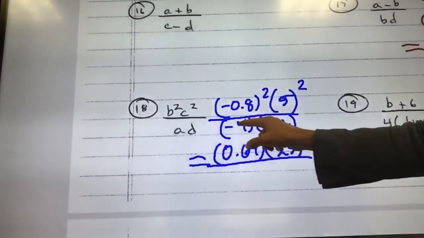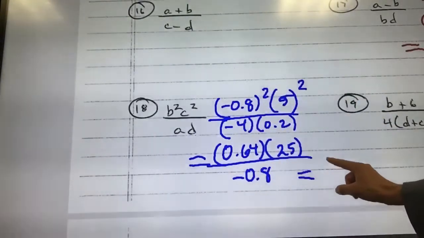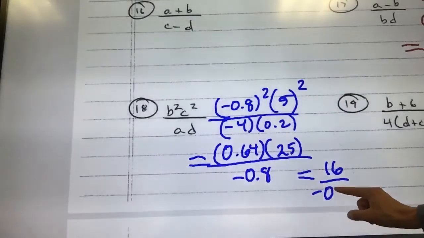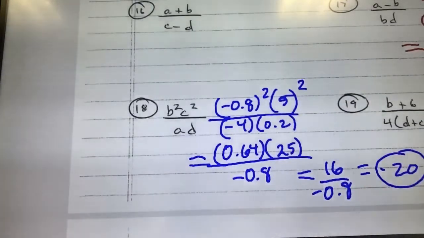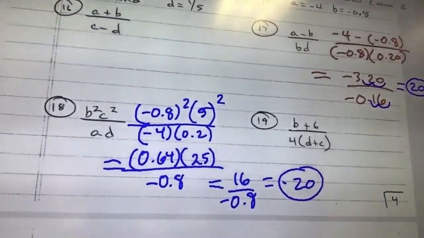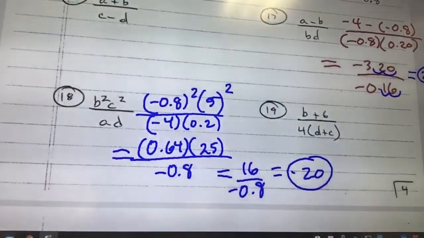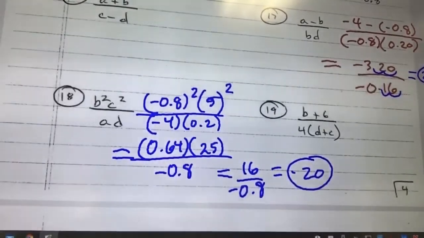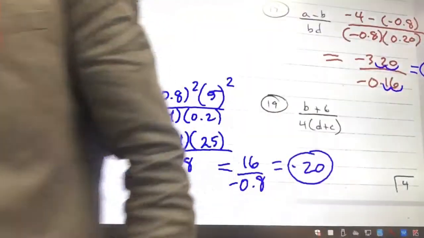This will now be a negative 0.8. This is going to be 16 over a negative 0.8, which is a negative 20 this time. A negative 20. Yeah, 0.64 times 25, that's 16, and that's a negative 0.8. Great.